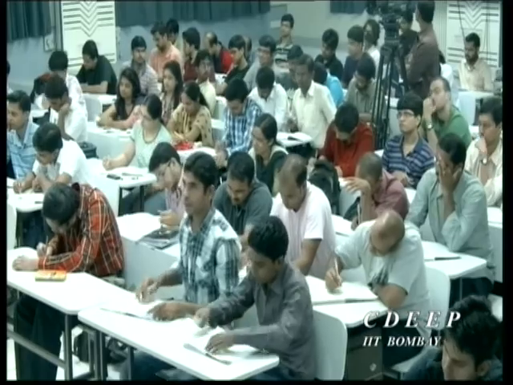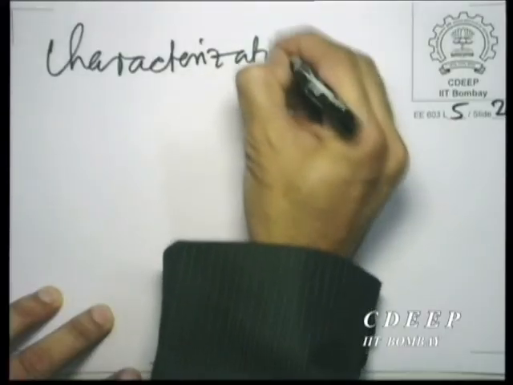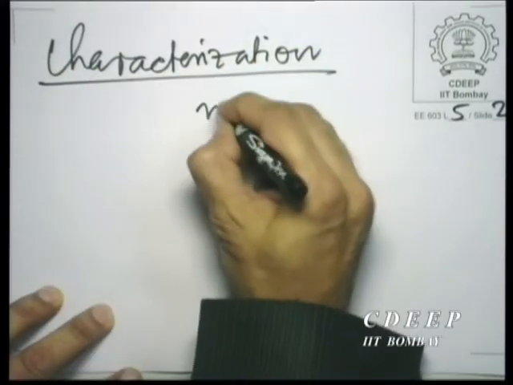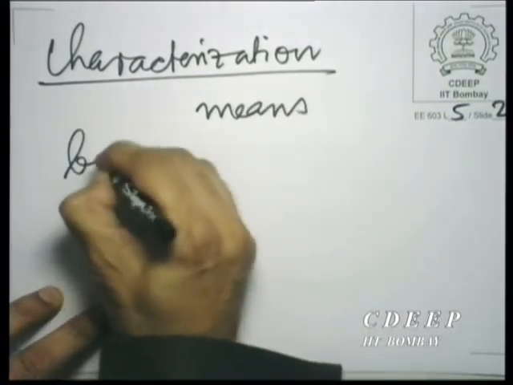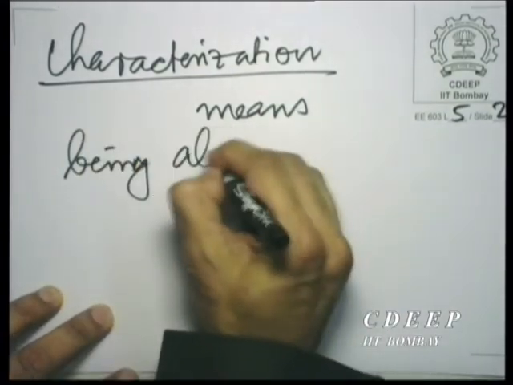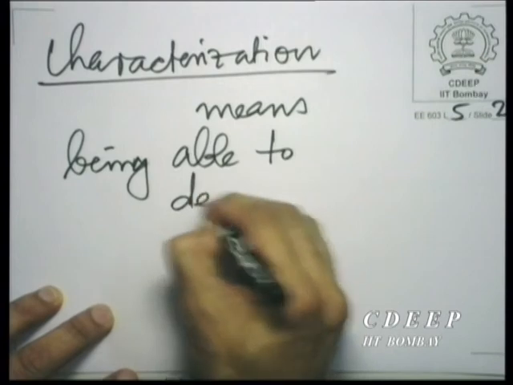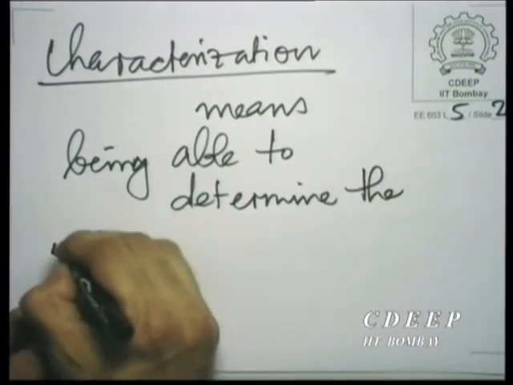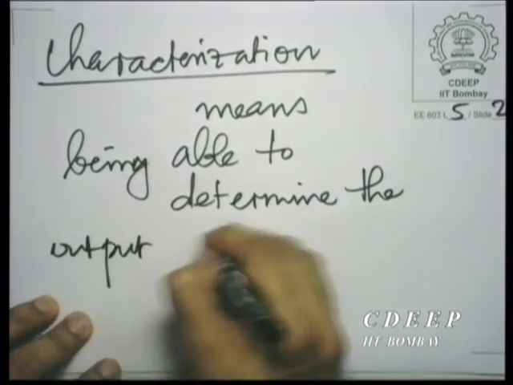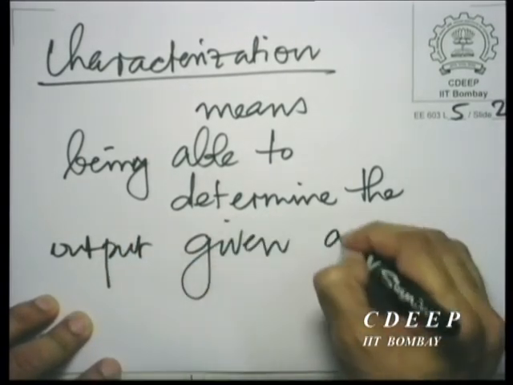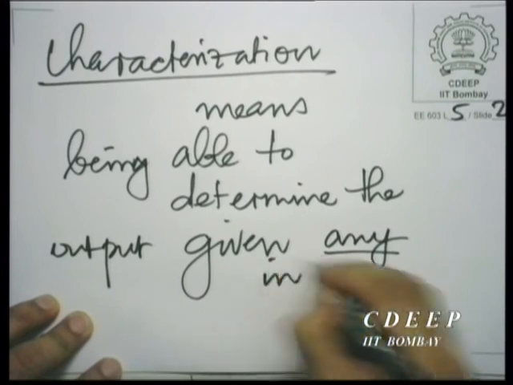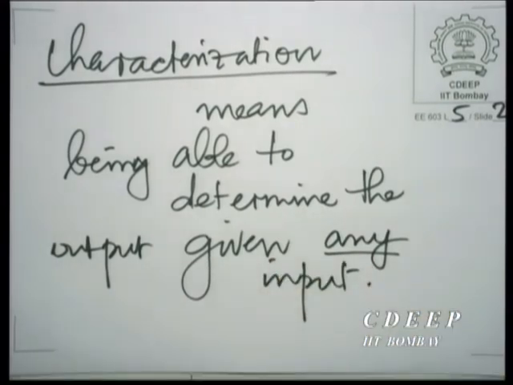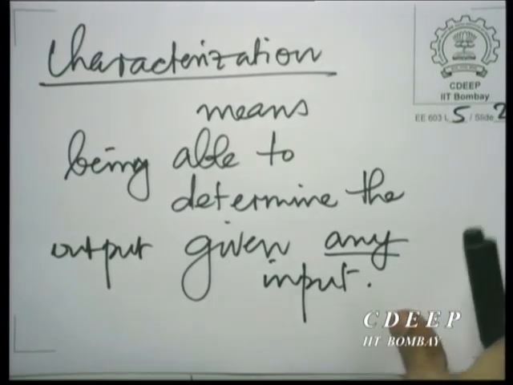Characterization means being able to determine the output given any input. In fact, there is nothing more to a system, right? If I know the output for every input, the system is determined, it is characterized.